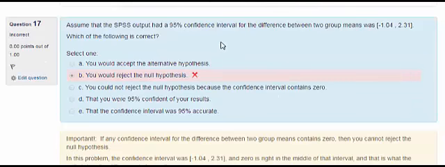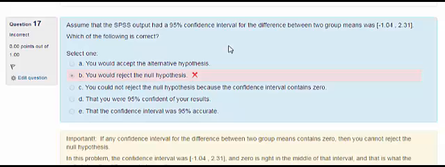All right. Let's say you had a 95% confidence interval for the difference between two group means. That's the important part. The difference of the means, if you look at that confidence interval, -1 out to +2, so look at the number line between -1 and 2, 0 is right in that confidence interval. And that's what the null is stating.